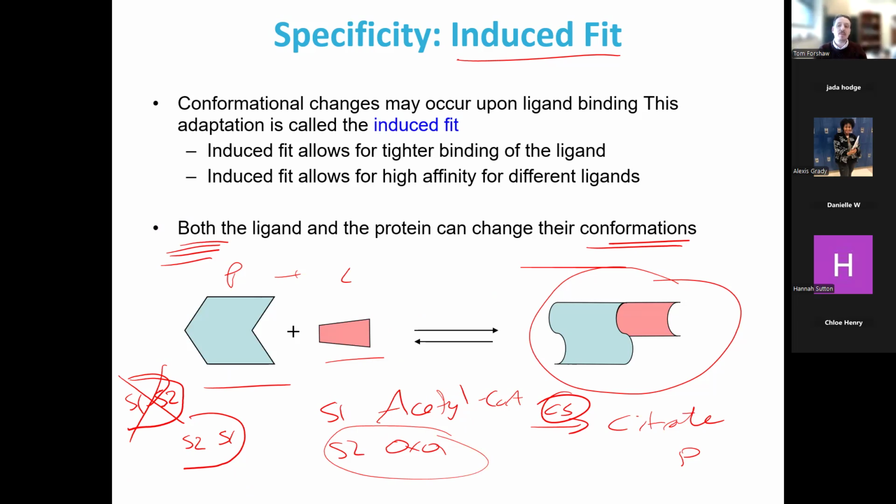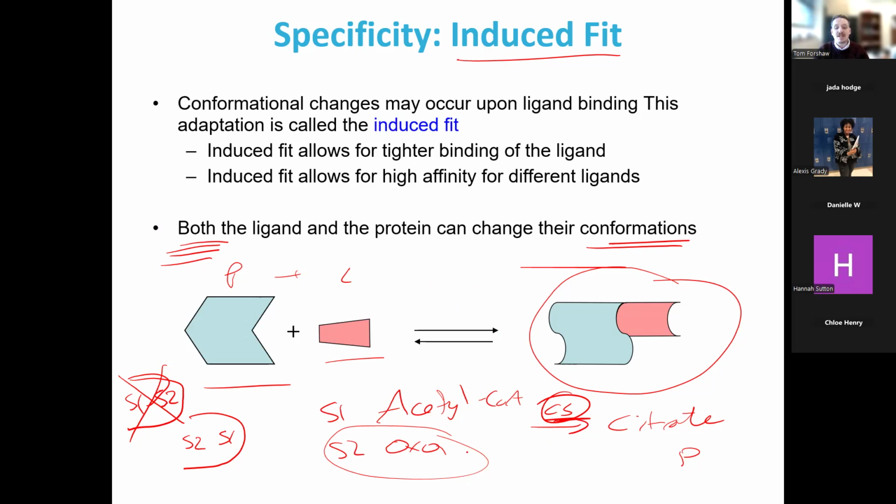And so the induced fit model comes in well there, because the way that citrate synthase starts out, acetyl-CoA won't bind to it because the pocket isn't the right shape. The pocket is not the right shape for acetyl-CoA. So there's a bunch of acetyl-CoA and it comes in and goes back out again. It doesn't do anything.